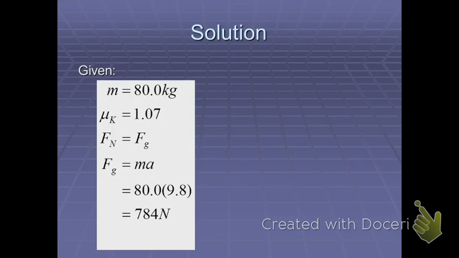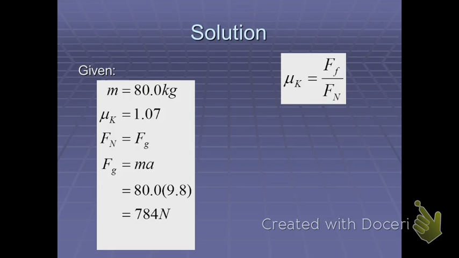Then, when we look at the situation, we want to figure out our normal force. So again, it's a force applied on a horizontal surface. Our normal force is going to equal our gravitational force. So we're going to figure out our gravitational force, which is going to end up being 784 newtons.